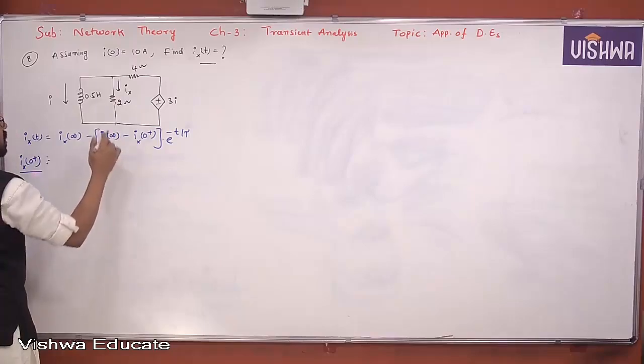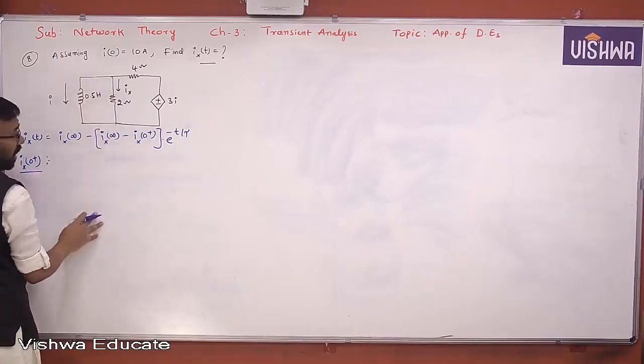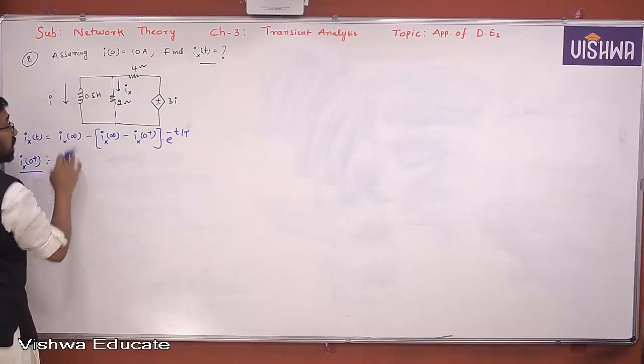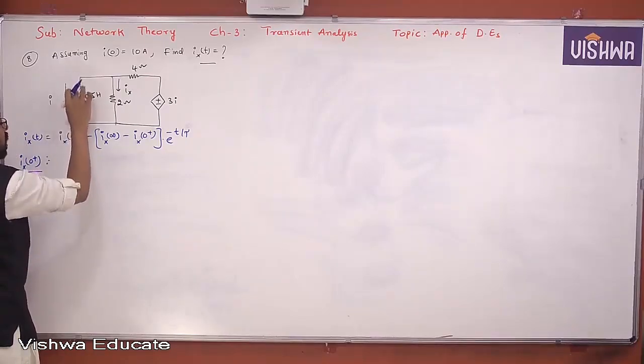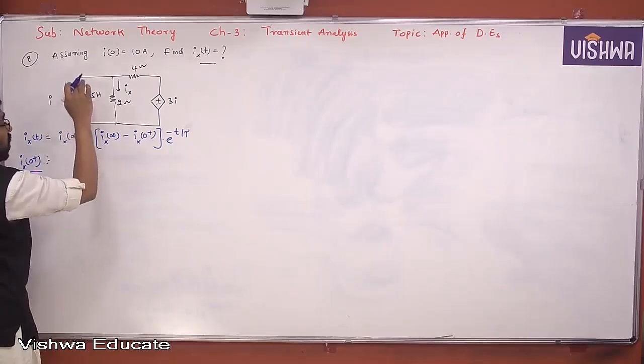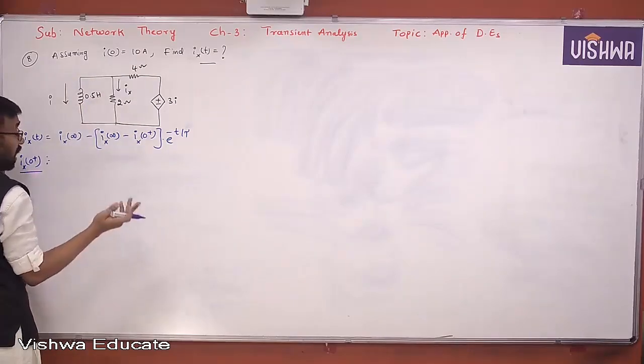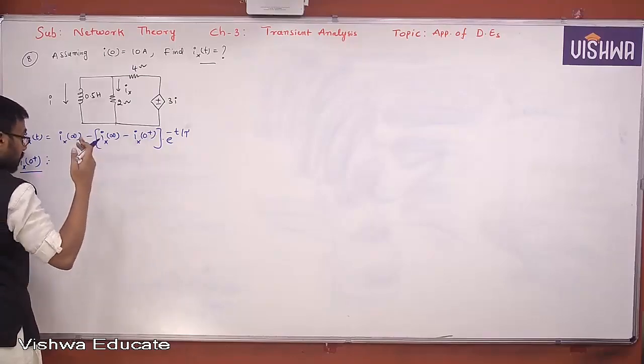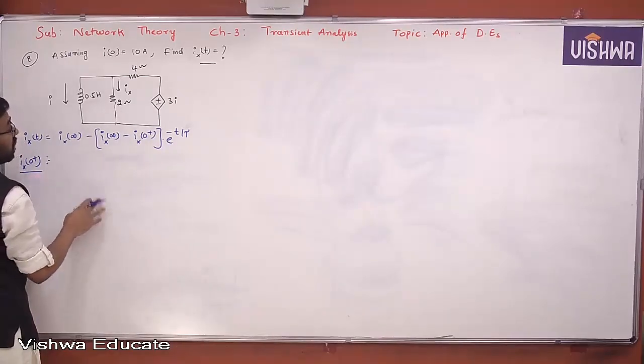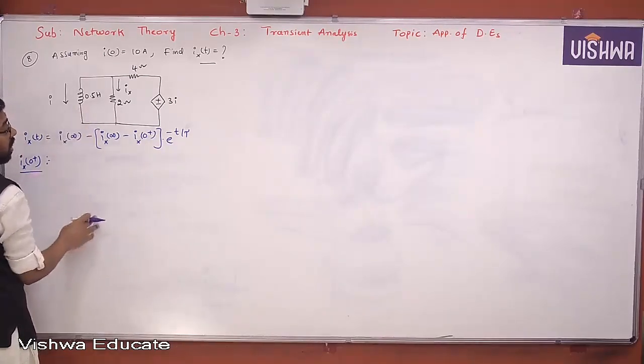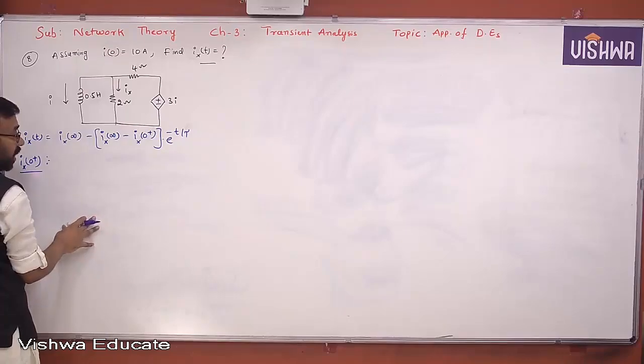That means, because he has not given a switching operation, he has provided the information that the current through the inductor at t equal to 0 minus is given. If a switching operation is given, sometimes he may not give you that information, or sometimes even along with the switching operation he may give the current flowing through the inductor at t equal to 0 minus.